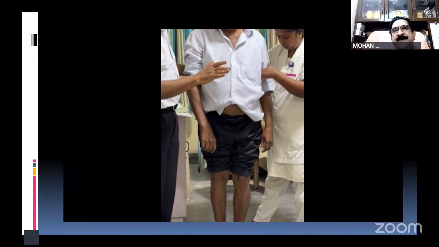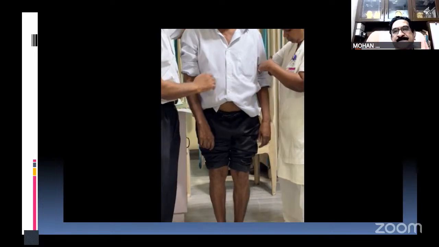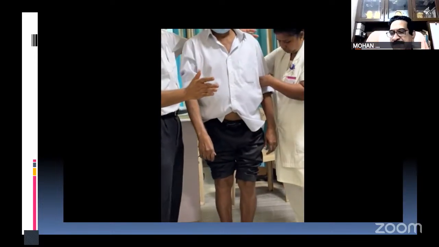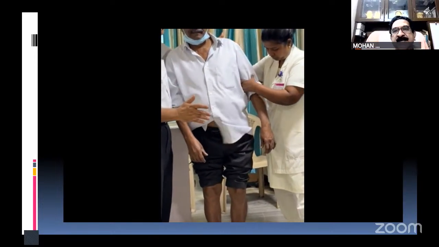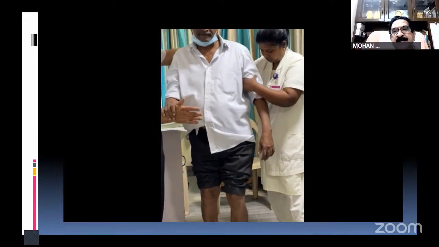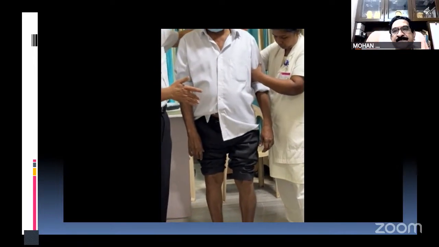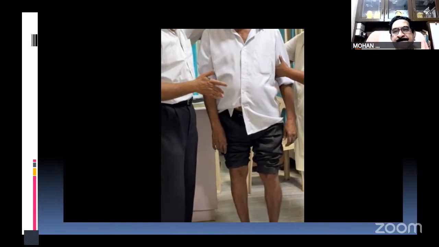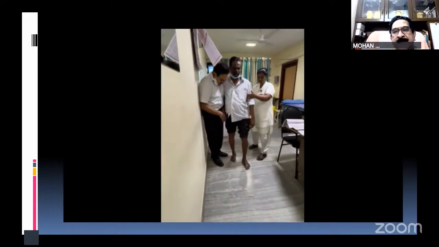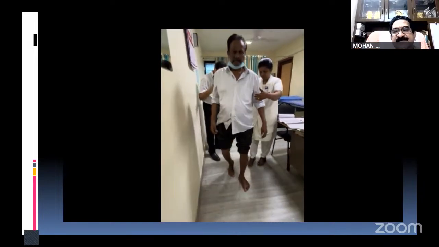Even with eyes open, he tends to stay to either side. With eyes closed, there is no particular worsening with eye closure. This is the way he walked.